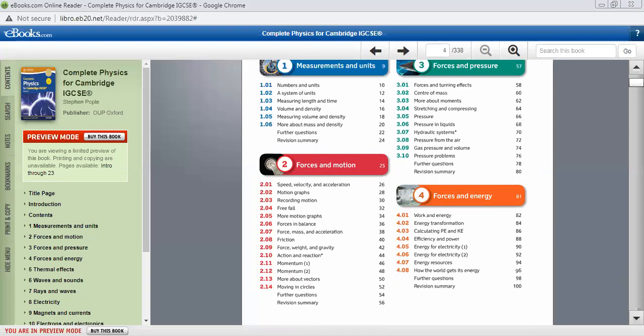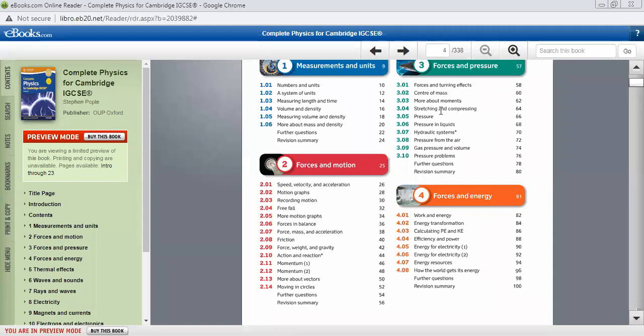Then we're going to study moving in circles, or circular motion. It's based on motion and caused by force, okay? The third unit is forces and pressure. You will notice that force is repeated here. So forces cause different physical changes: motion, then pressure, and it is also related to energy.